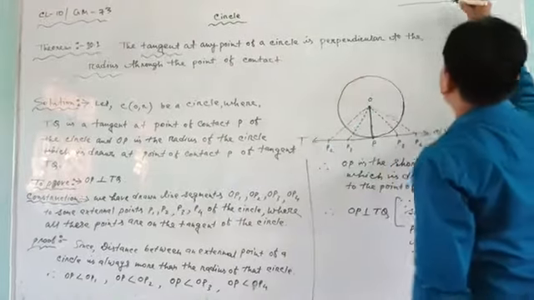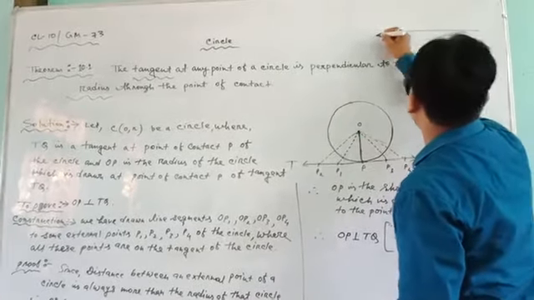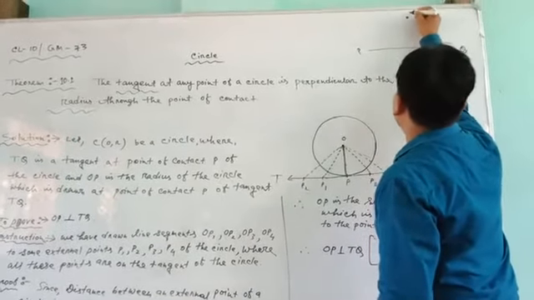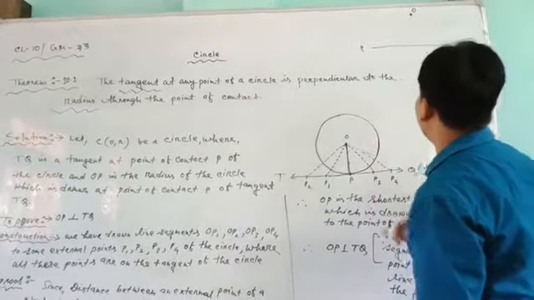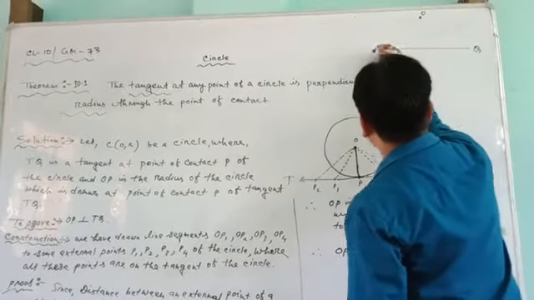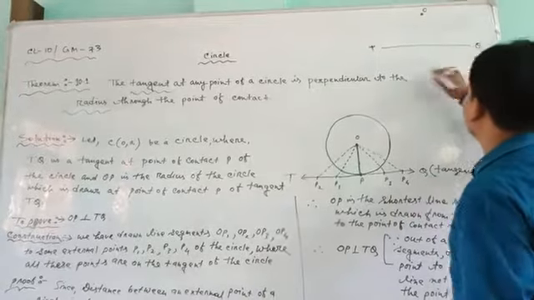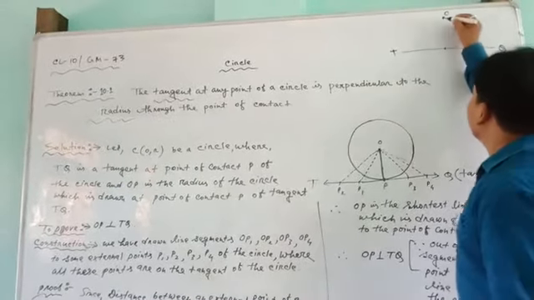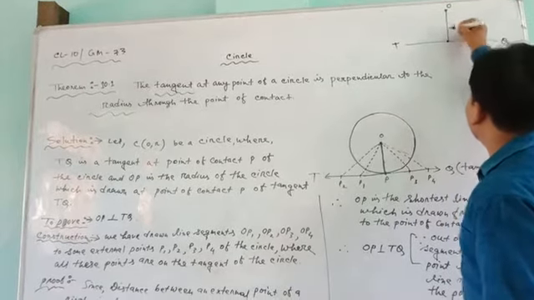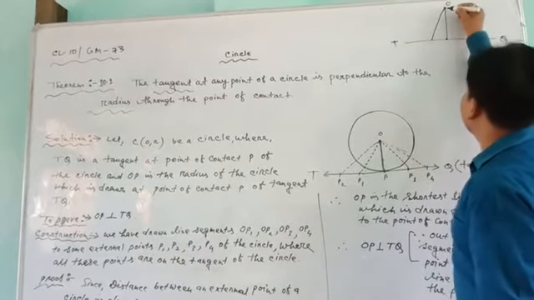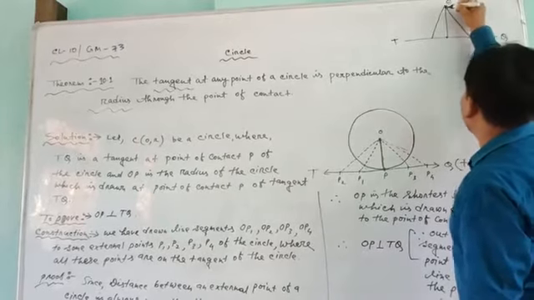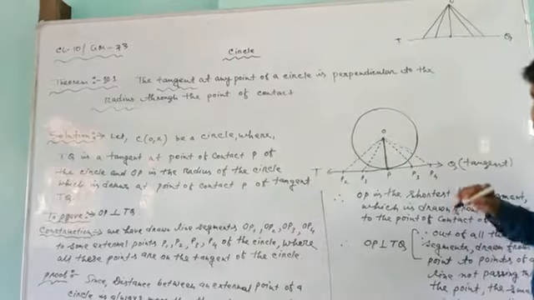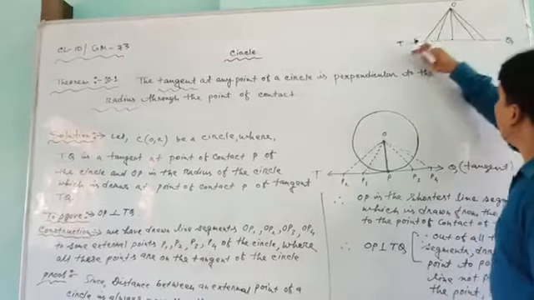Suppose this is a line, PQ, and there is a point O. Think of this as our tangent PQ line and one point O, which is not on this line.